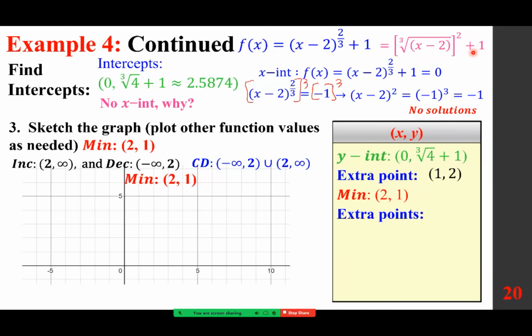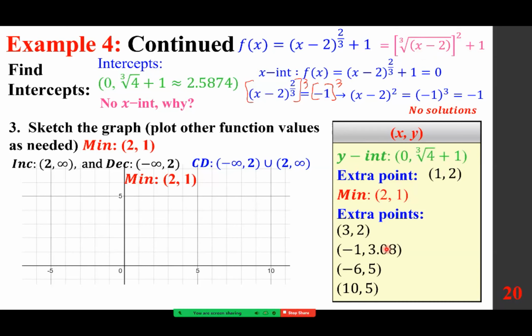And that may be enough, but just to give you an idea, because it's a cube root, let's make it, for example, minus 8. So if you choose minus 6, it makes it minus 8. Cube root is minus 2. Squared is 4, and 1 is 5. Make it 8. 10 minus 2, right? If you choose 10, 8 cube root is 2, 2 squared is 4, plus 1 is 5. So those are easy points.